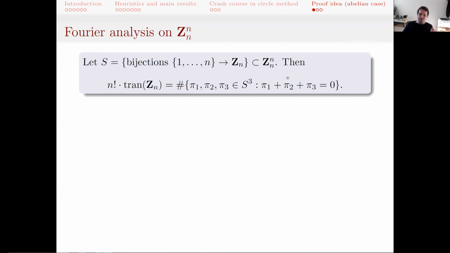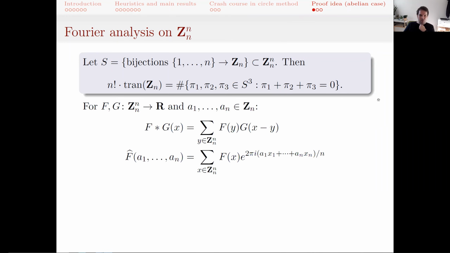But then we can move pi 3 to the left side because a function is a projection if and only if minus that function is also a projection. And then we just put some symmetry. So we compose everything by an arbitrary projection, and we increase this count by a factor of n factorial.